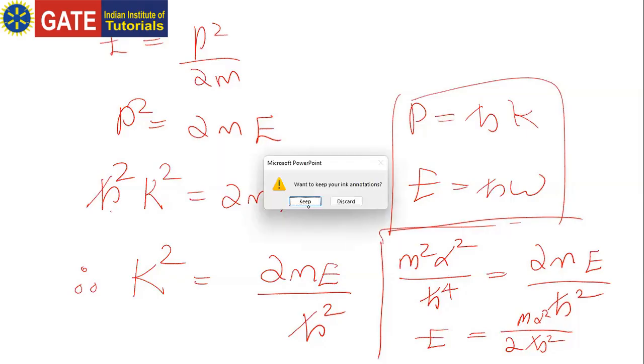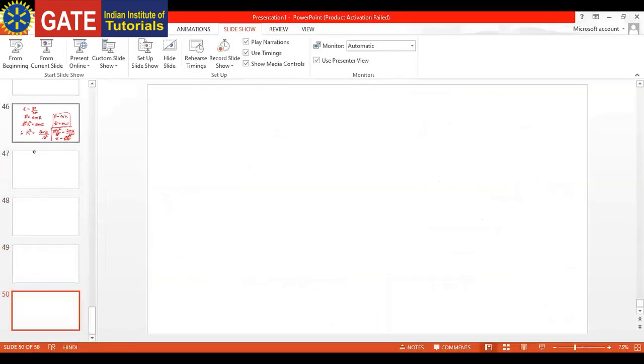Consider a particle moving in a potential V of x equal to minus alpha delta of x. Find the uncertainty in the position of the particle. Uncertainty in position, that is delta x.